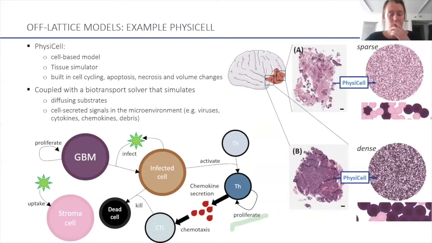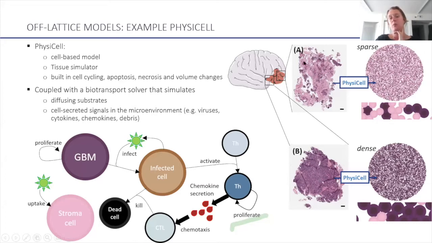And so I'll do a brief example of some work that we've been doing in Fizzy cell with glioblastoma. So here what we did was we recreated actual patient slices. So this here and here is from a single patient tumor. This is one aspect of their tumor and another. Pink is the stromal cells and purple is the GBM.